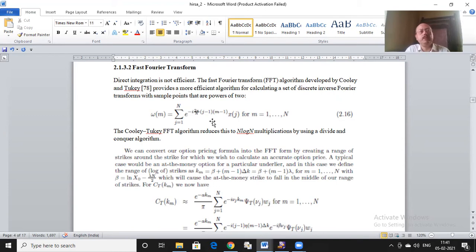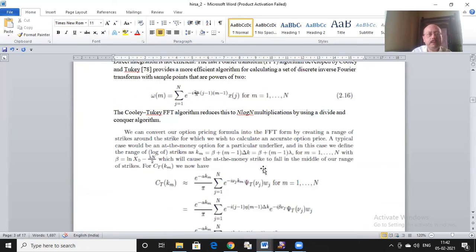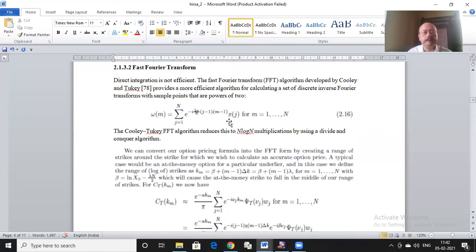And it provides a more efficient way of calculating these discrete inverse Fourier transforms by choosing the sample points as powers of 2. So the sample points are chosen in a particular way as powers of 2, and the weightage function that we showed earlier in the Simpson or trapezoidal rule is now transformed into a more complicated formula like this.